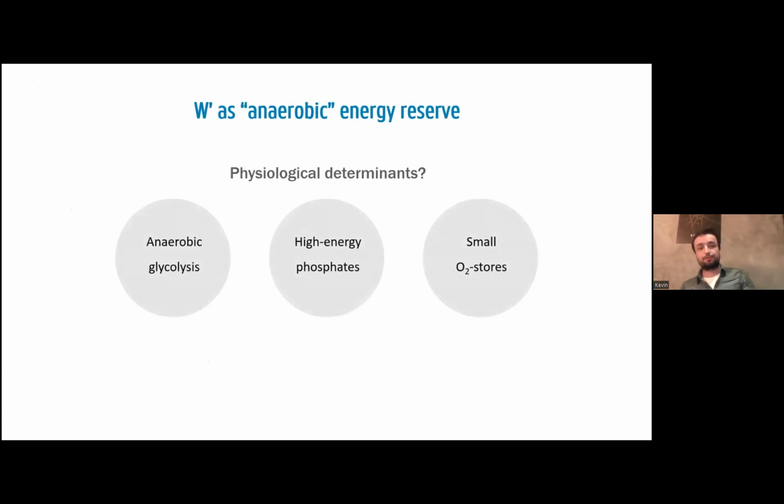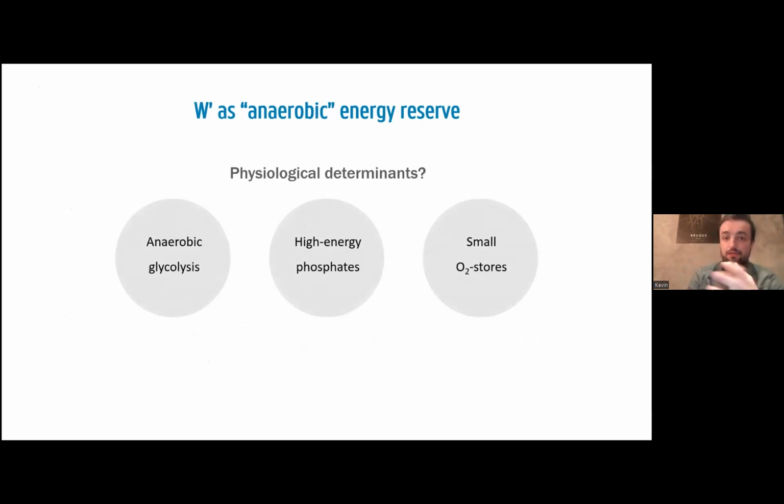If we look at the W prime, one of the model assumptions was that we have two parameters, critical power and W prime, and they represent respectively the aerobic and anaerobic energy supply. Initially it was thought that W prime reflects purely an anaerobic energy reserve.